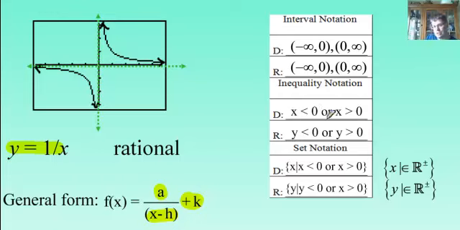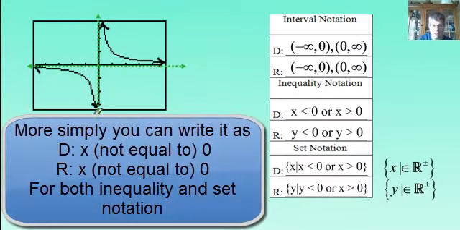Now we use an OR statement. This is the only one that we use an OR statement on. So x is less than 0, but not equal to, or it's greater than 0. And then the y's, it's going to mirror that. Forever down or forever up, but skipping over 0. Set notation is going to look just like the inequality notation.